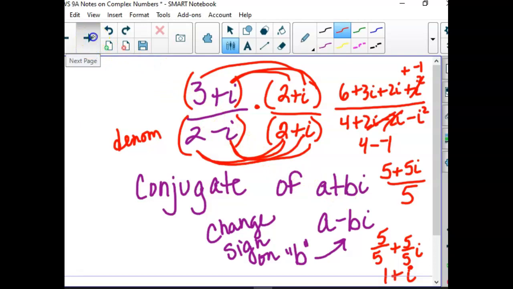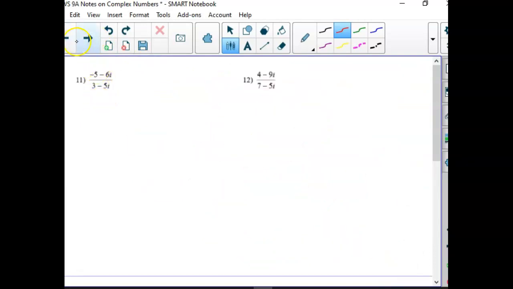All right, let's try, let me see. I felt like there was one back here. Let's try number 9, okay? What is the conjugate of the denominator? Make sure you understand that the conjugate of 5 plus 2i would be 5 minus 2i.